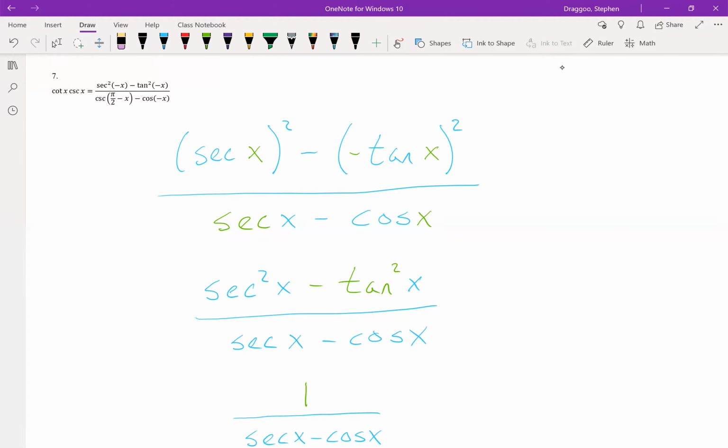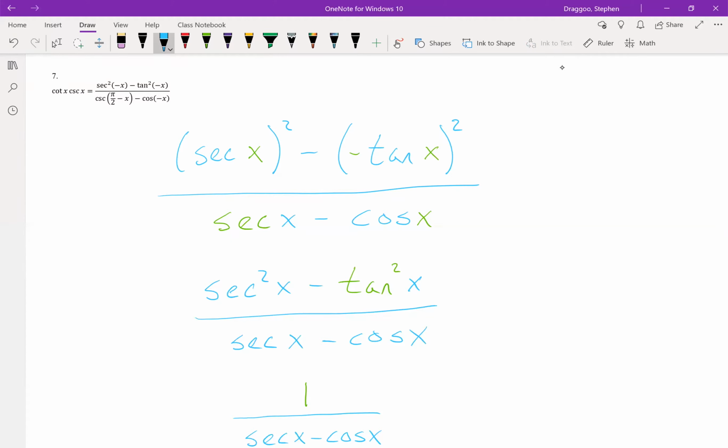Now, dealing with that numerator, I actually have a triple negative on that tangent because I'm squaring the negative that's on the inside and I have a negative that's still on the outside. So really, this negative that's here is still that blue minus sign that we had originally.